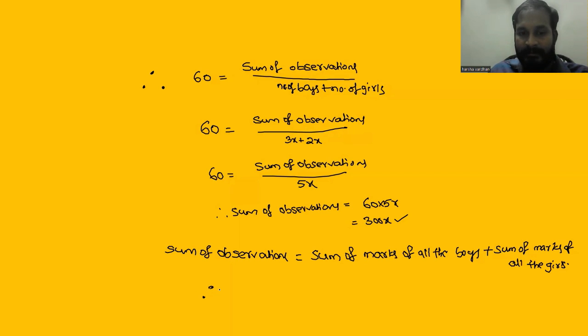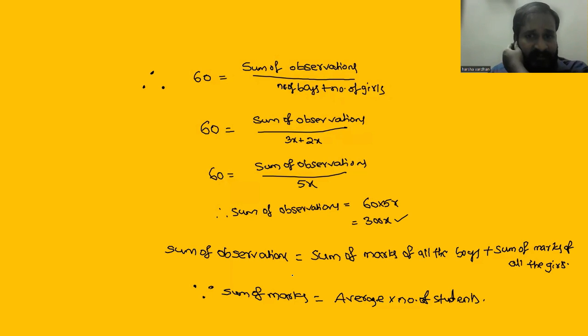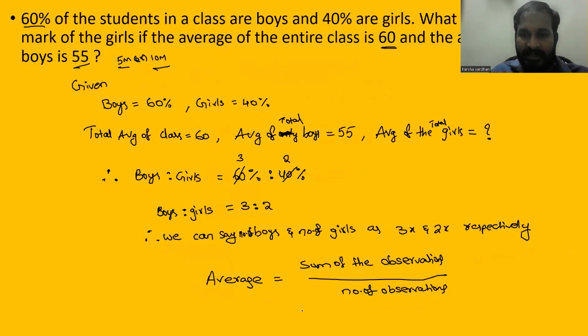Since sum of marks is equal to average into number of students, only thing I am doing is sending the number of observations to this side.